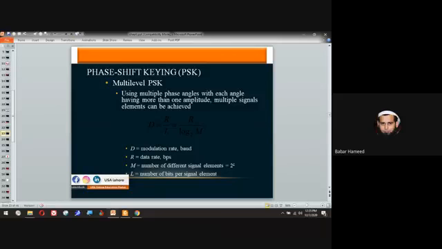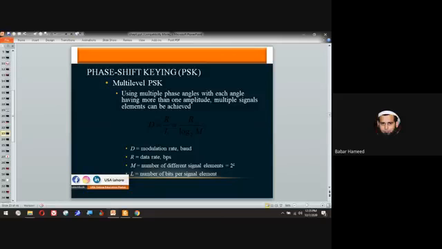The modulation rate can be seen to be R by 4 because each change of signal element communicates 4 bits. Thus, the line signaling speed is 2400 baud, but the data rate is 9600 bits per second. Now you are seeing the difference between baud and bits per second.